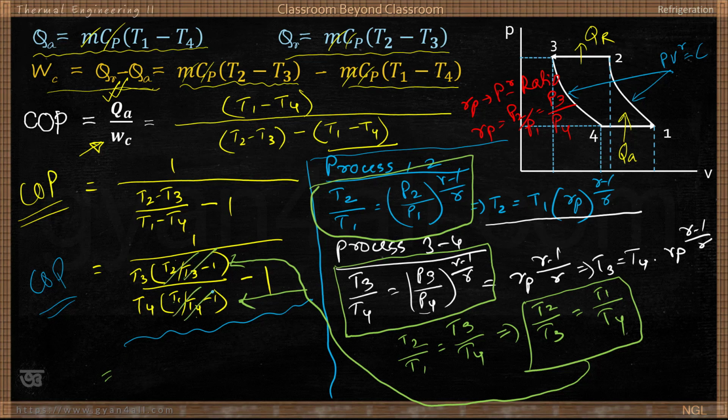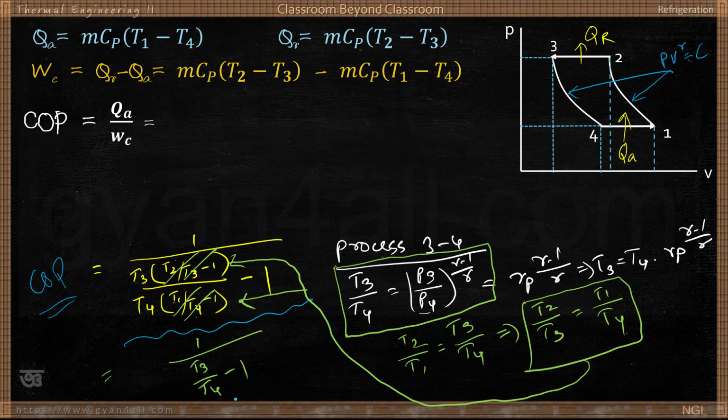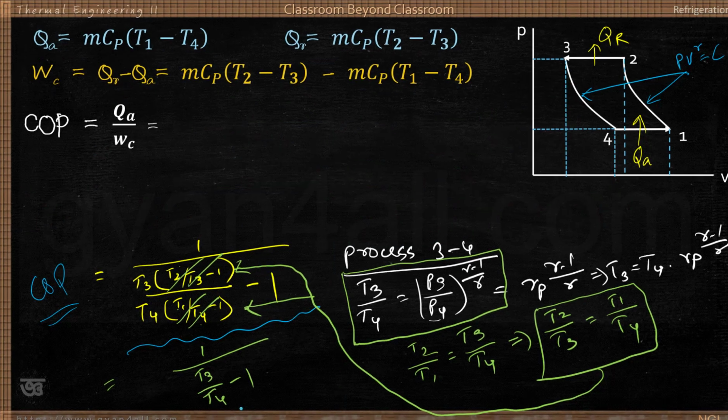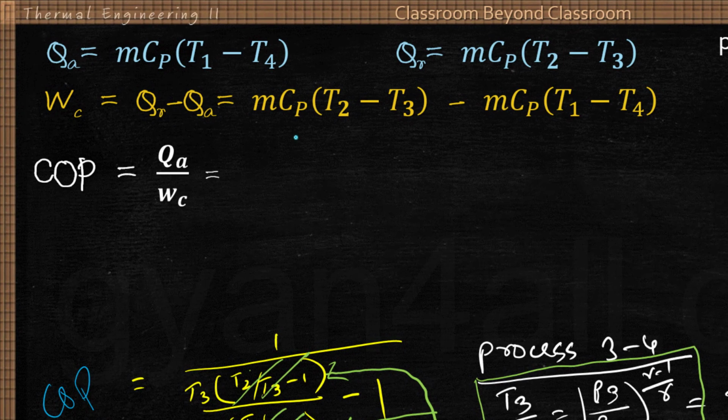So what remains? COP will be 1 divided by T3 divided by T4 minus 1. So we get COP equal to this much, and finally this is equal to 1 divided by T3 divided by T4 minus 1. Okay.